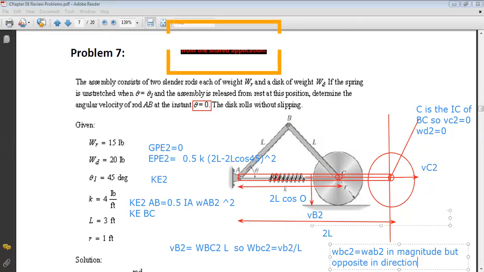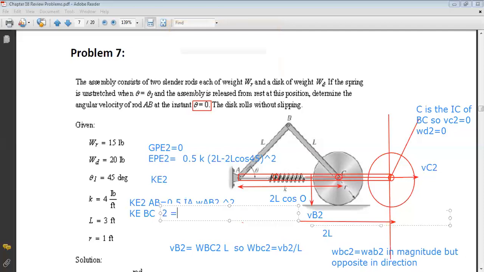And now I am done because I can express everything as a function of omega AB2. The kinetic energy of BC at state 2 is simply equal to half times the inertia about the IC, which is C here, times omega BC squared.